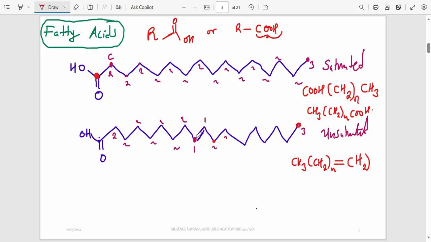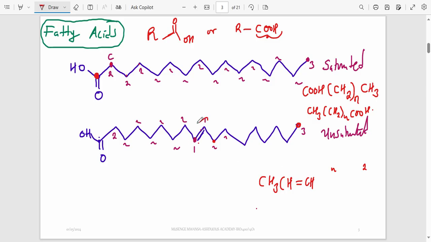But then at the point where I've got a double bond, you don't have two hydrogens for the carbon. You only have one. So how are we going to write the formula? So this is going to be CH3 at the end, and then you have got CH, only CH, and then a double bond, another CH.